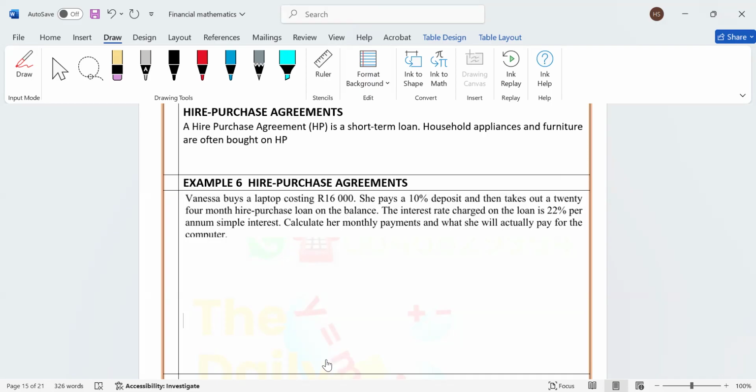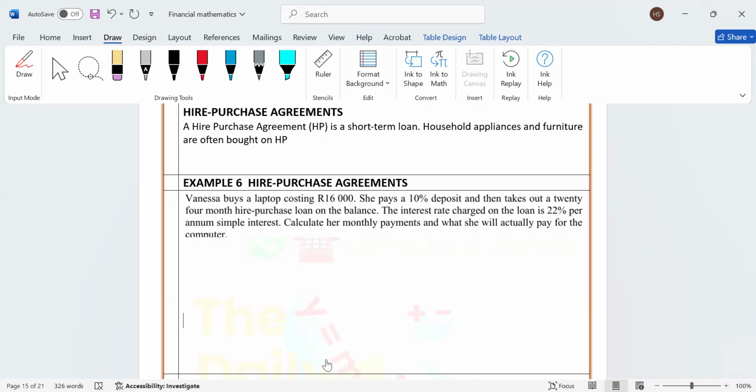Instead of borrowing you the whole 16,000, they usually speak about a 10% or 20% deposit. Or they can be specific: give us 6,000, and we can give you the other 10,000 as a loan, which you pay monthly.